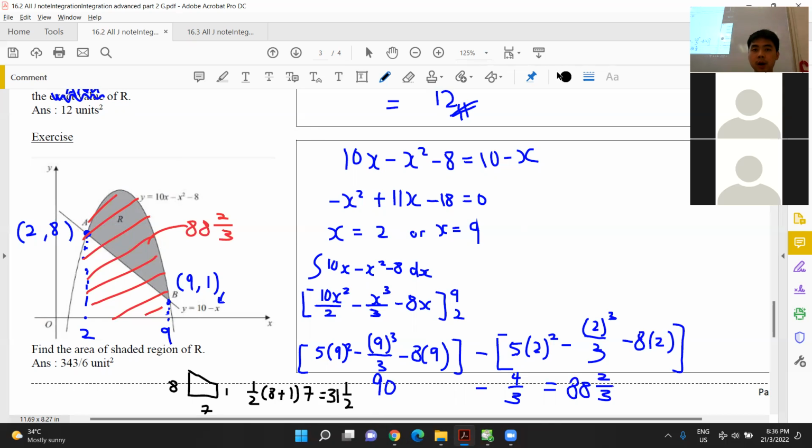So to calculate the region for R is simply 88 and 2/3 minus 31.5. Did anybody miss any part here?